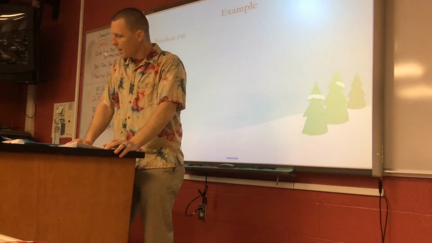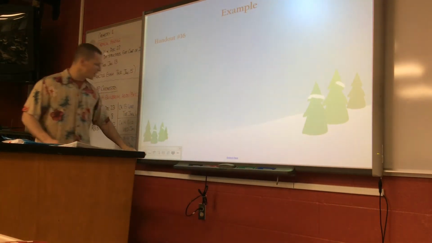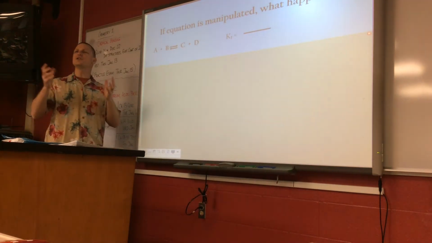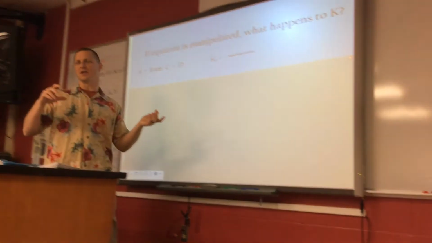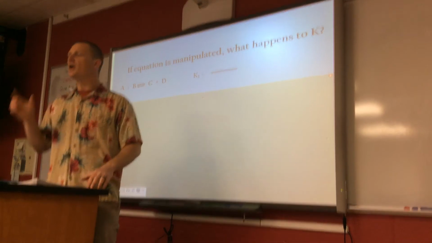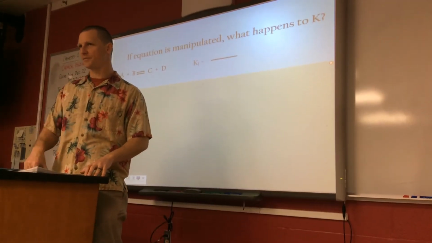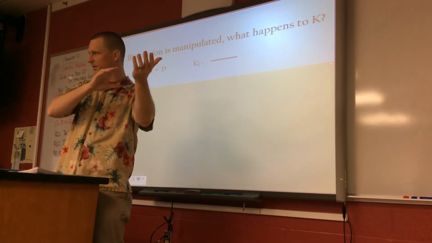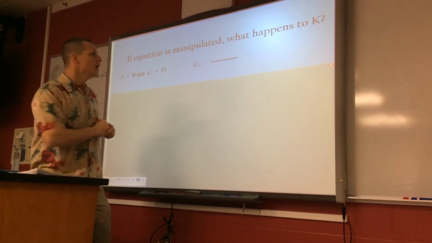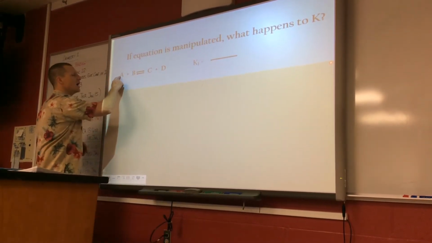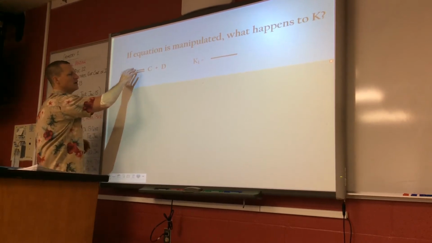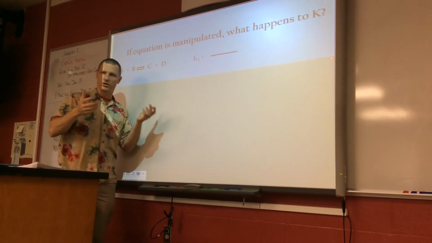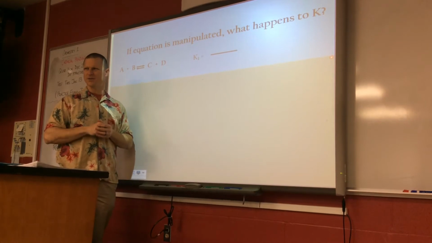Now we need to talk about what we do if we have to manipulate an equation: what happens to the K value? This is going to have the feel of Hess's law. You know how we had delta H's, and if you multiply through by 2, then you have to double the delta H? Well, now we have a chemical equation and the K expression, and how does that change?